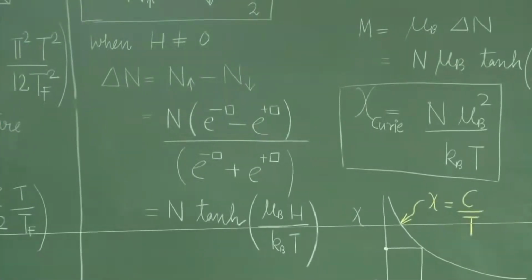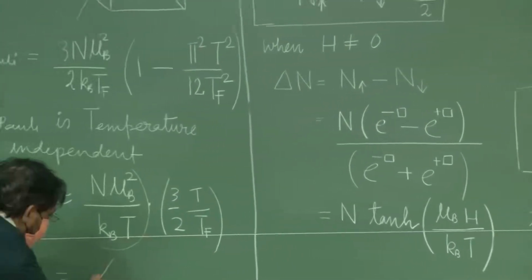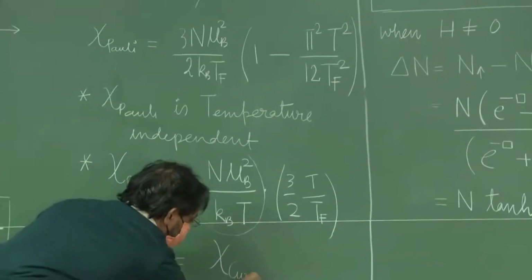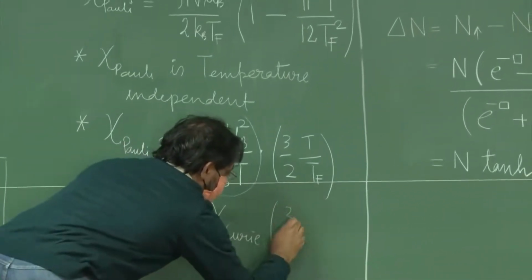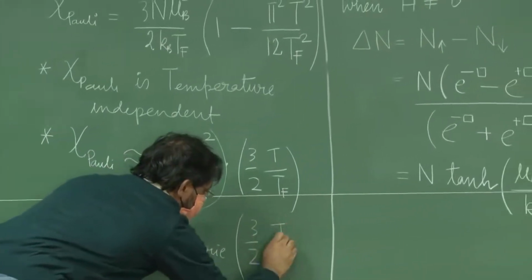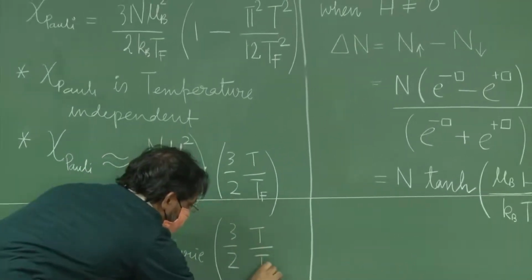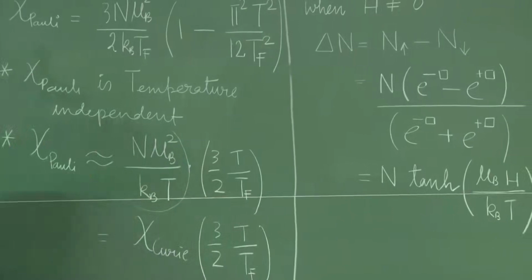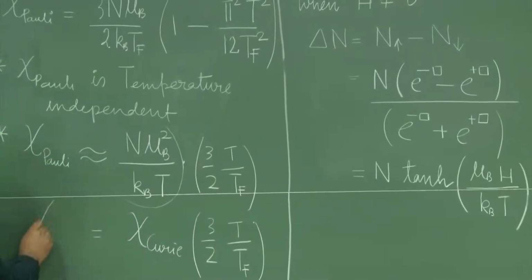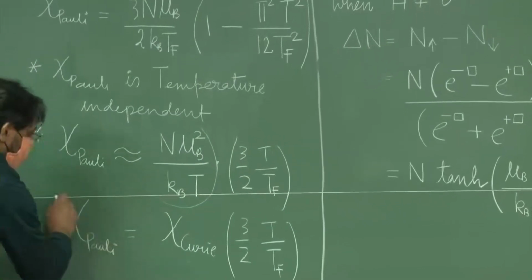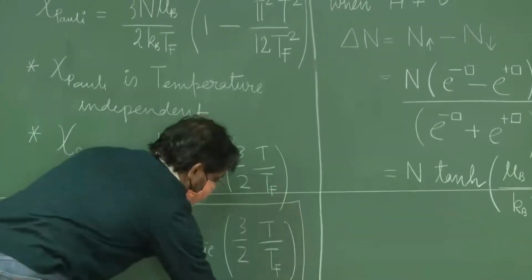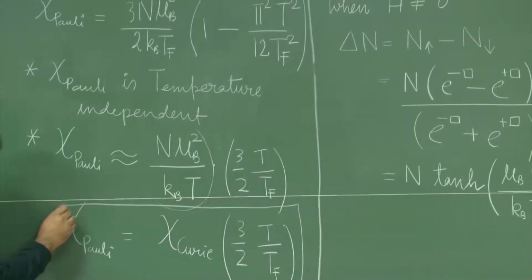So Chi Pauli is equal to Chi Curie times 3/2 T by T_F. Now you have the comparison. Now tell me, which of the two is bigger?